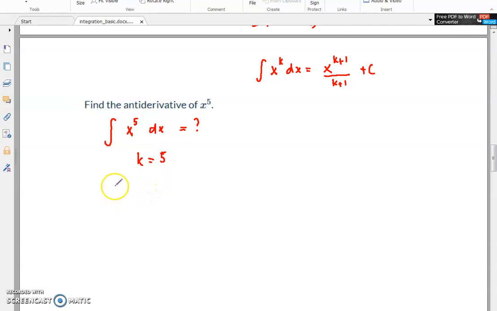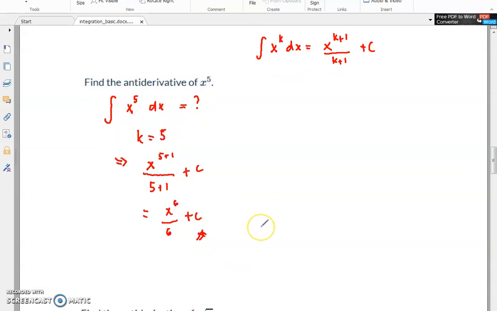The answer that we get is x to the power of 5 plus 1 over 5 plus 1, plus c. So the final answer is x to the power of 6 over 6 plus c. Simple as that.